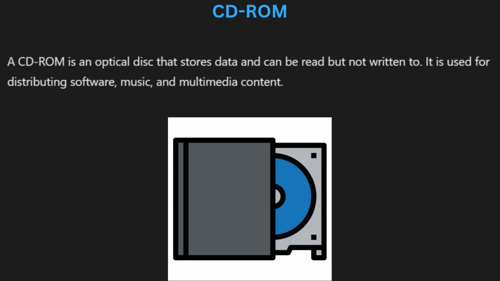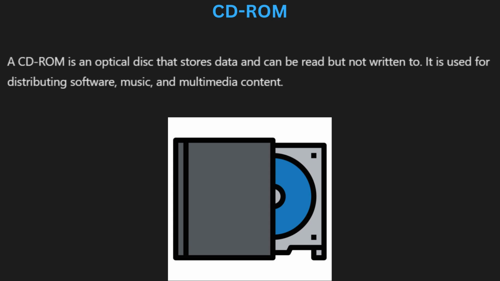So now the CD-ROM. A CD-ROM or the compact disc read-only memory is an optical disc that can store the multimedia content like the software, music and video. It is read by a laser beam, making it ideal for distributing the large amount of data.